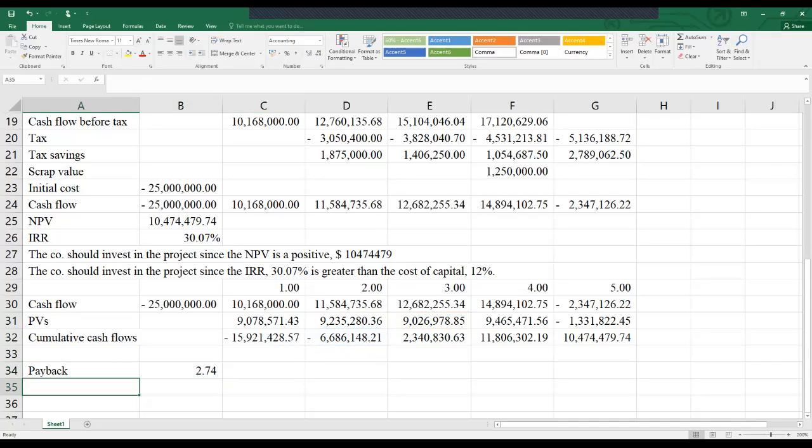Should we invest? No. Don't forget the maximum payback period that was needed was 2 years. This is beyond 2 years.